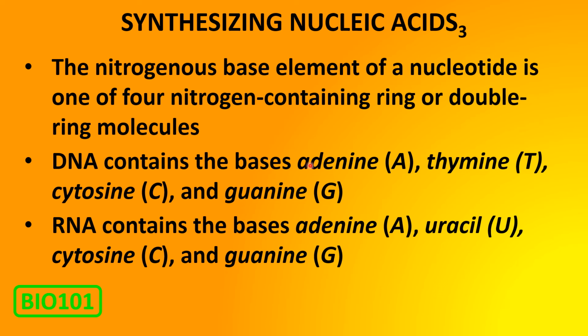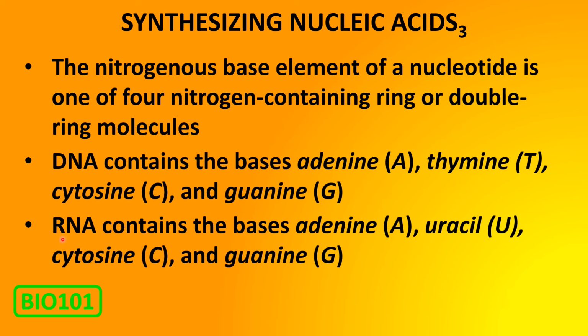It has the bases adenine, capital A, thymine, capital T, cytosine, capital C, and guanine, capital G. Just take these as they are right now. We'll learn the details and why those letters are important later on.